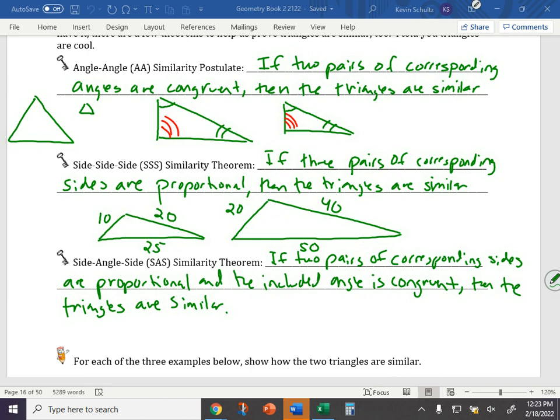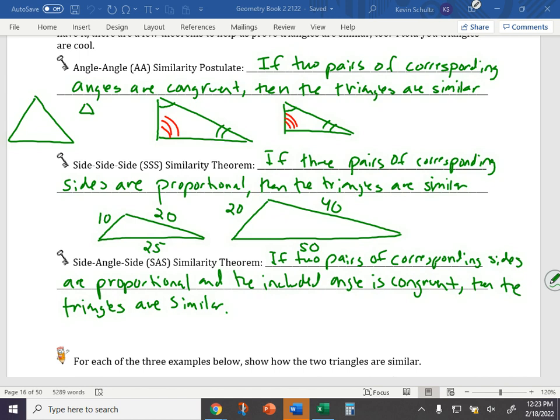Okay? For side, angle, side, we've got two things going on here. The two pairs of corresponding sides are proportional, and the included angle is congruent. Then the two triangles are similar.